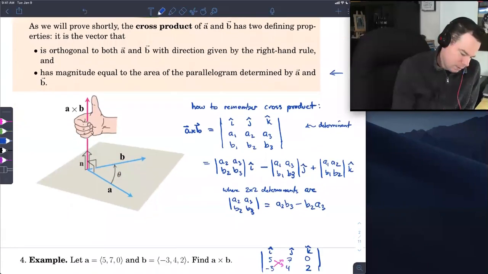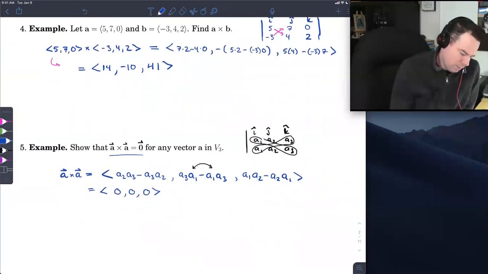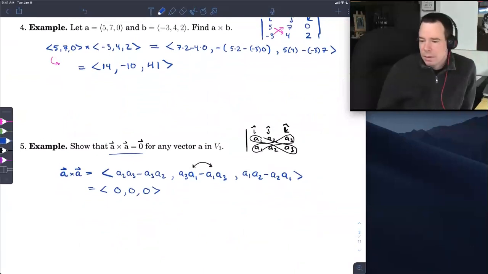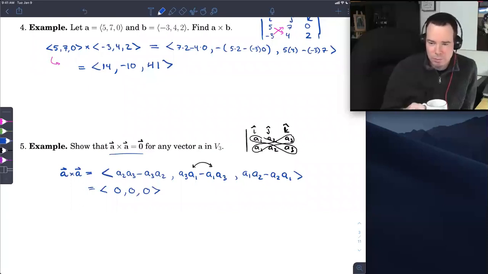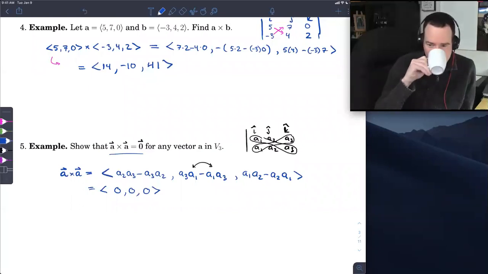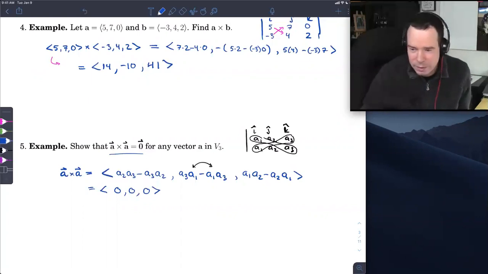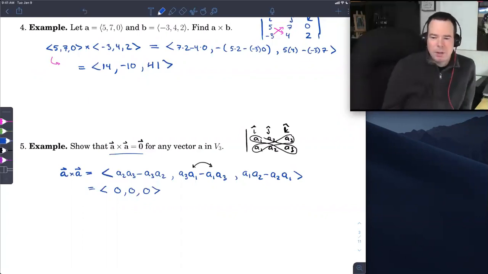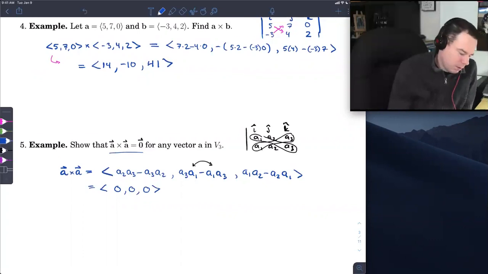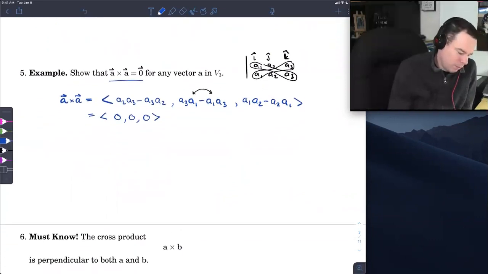If I took a vector A and crossed it with itself, then the magnitude of the resulting vector should be the area of the parallelogram determined by A and A. But A and A wouldn't determine a parallelogram, they just determine a straight line because they're two vectors pointing in the same direction. So that adds some emphasis to that last point, that the magnitude of this vector should be the area of the parallelogram, and in this case, that parallelogram would have area 0.